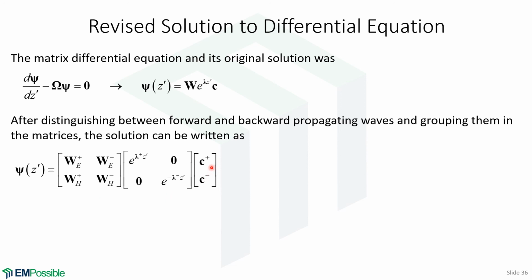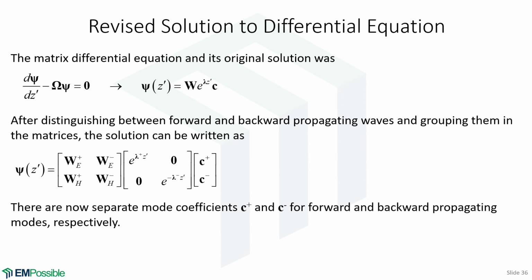What was just a single mode coefficient, we can now identify mode coefficients for the forward and backward waves separately. So we now have two mode coefficients. Our original mode coefficients is both of these in a single column vector, but we identify the partitions and we can separate mode coefficients for forward waves and mode coefficients for backward waves.